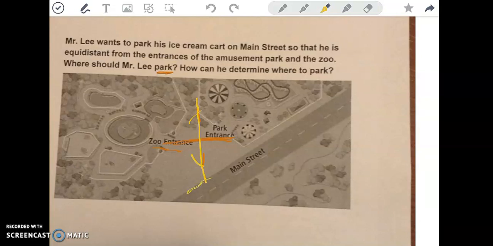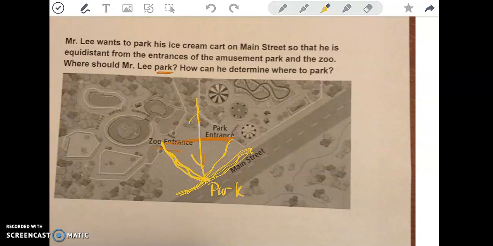And you'll notice right here, if you parked on the street, this is where Mr. should park. It is equidistant to the park entrance as it is to the zoo entrance as well. So the park entrance and the zoo entrance are going to be the same distance, so therefore you won't have to walk extra and things like that.